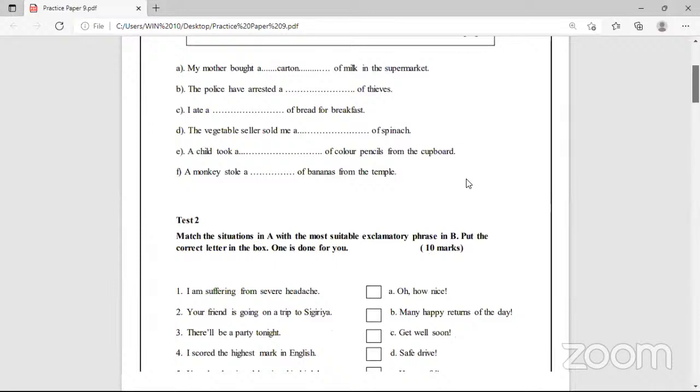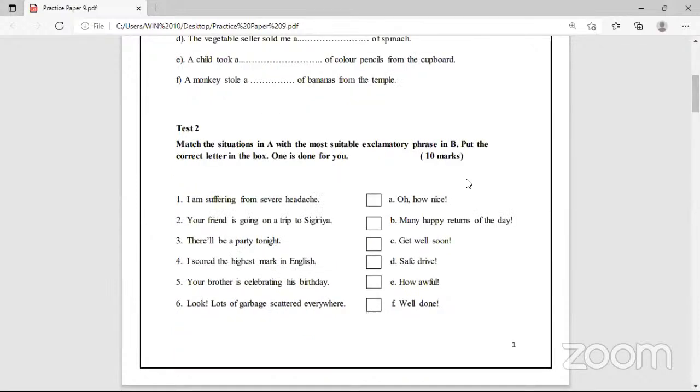Right, you have to match the situations here in the second question. Take a few seconds to complete that one, please. Right, thank you very much for your answers.